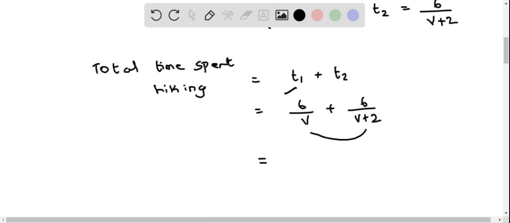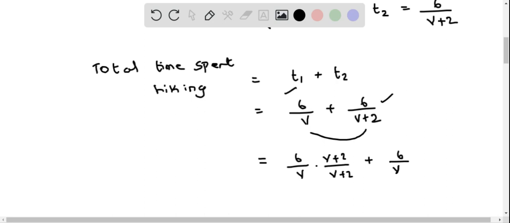So the first expression has to be multiplied and divided by v plus 2, that is 6 by v times v plus 2 divided by v plus 2. And then the second expression has to be multiplied and divided by v.